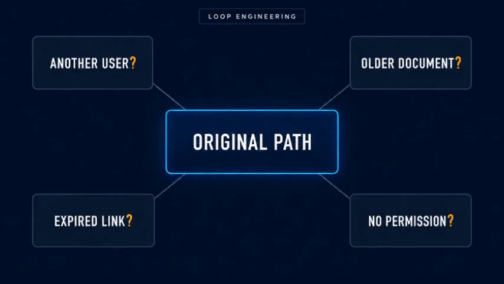But it's not the end of the testing, especially when it comes to using AI-assisted builds. You need to ask a few more questions, definitely. Like, does it work for a valid user? Or does it work for an older document?